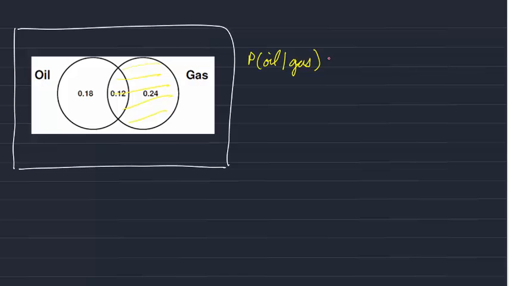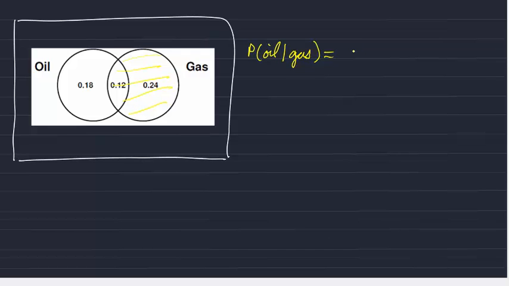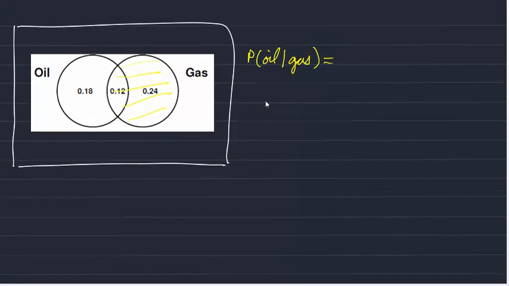Feel free to stop the video and think about what that probability is. But I'll go through and write it out. As we said before, the probability of oil given gas is equal to the probability of oil and gas divided by the probability of gas.